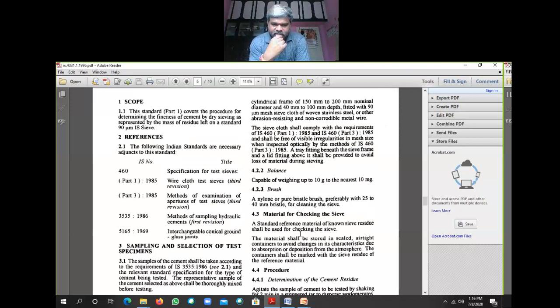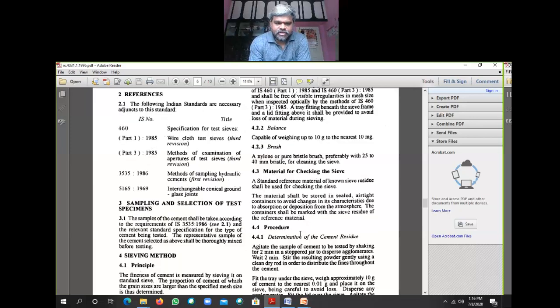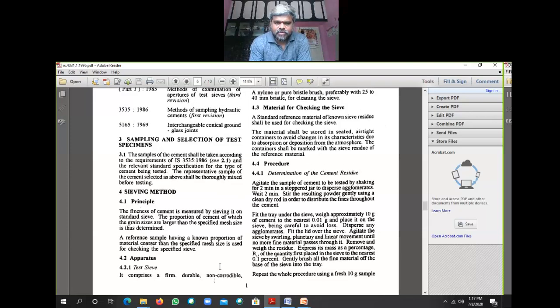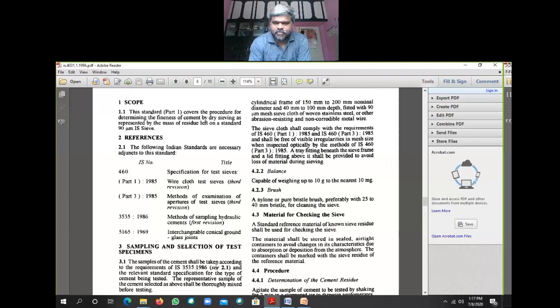The apparatus required comprises a firm, durable, non-corrodable cylindrical frame of 150 mm to 200 mm nominal diameter and 40 to 100 mm depth, fitted with a 90 micron sieve. We take the IS 90 micron sieve to sieve the cement, and a cement sample capable of weighing around 100 grams.